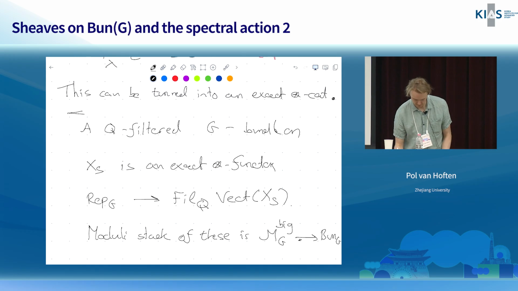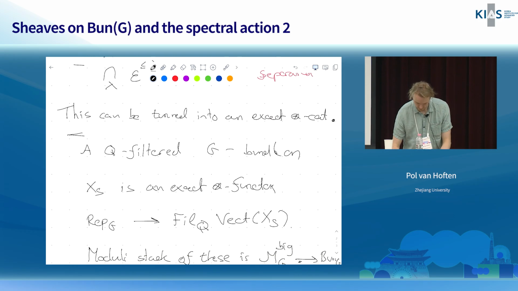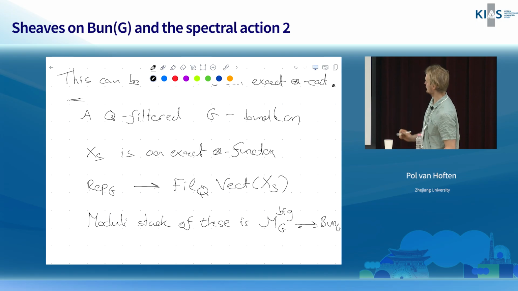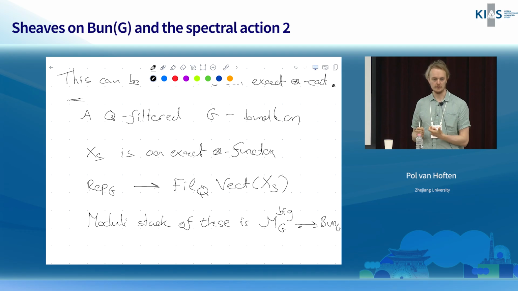Maybe I didn't write this down, but the filtered Q vector bundles have a forgetful functor. And M is a kind of subfunctor of M big, where I put some condition on the associated graded.